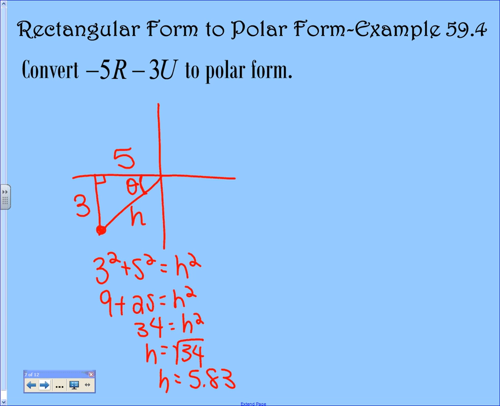Which one would relate only using 3 and 5? Okay, what is the tangent of this angle? Tangent is 3 over 5. You do tangent inverse of 3 over 5.